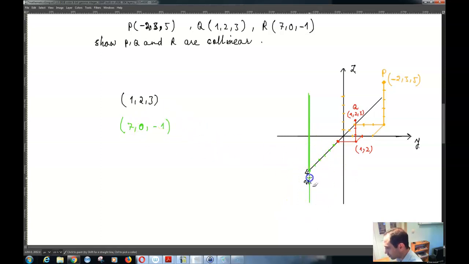So if I go -1 units down, I will get this point over here, which I can call R. We can call R with coordinates 7, 0, -1.